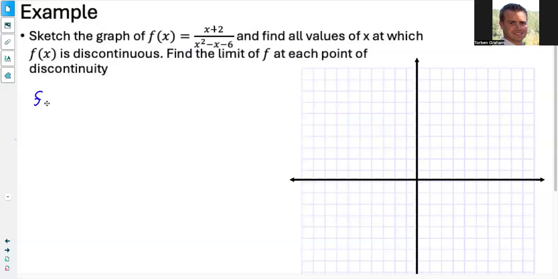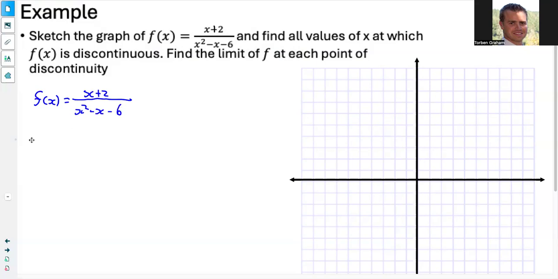So I'll just start by rewriting our equation down here. We've got f of x equals x plus 2 over x squared minus x minus 6.